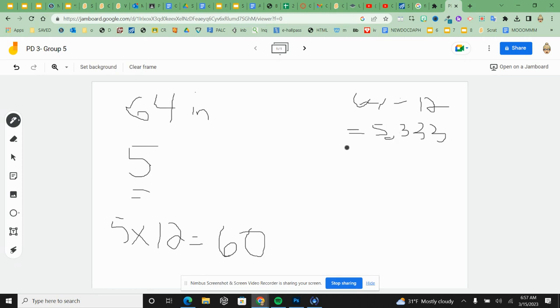Okay. I then took 5 times 12 to see how many inches 5 feet were. That was 60. So I have 5 feet, 60 inches that is. That means I have 4 inches left over. So I am 5'4".